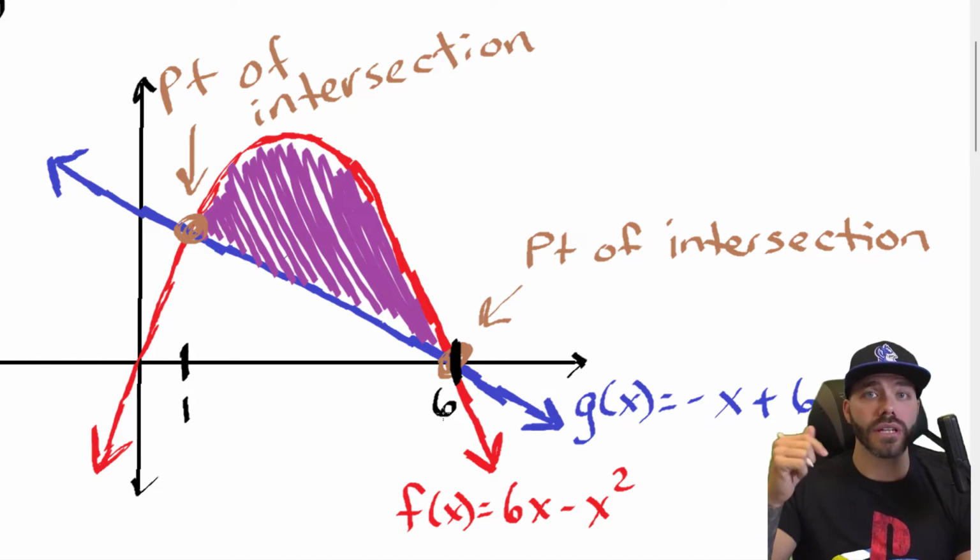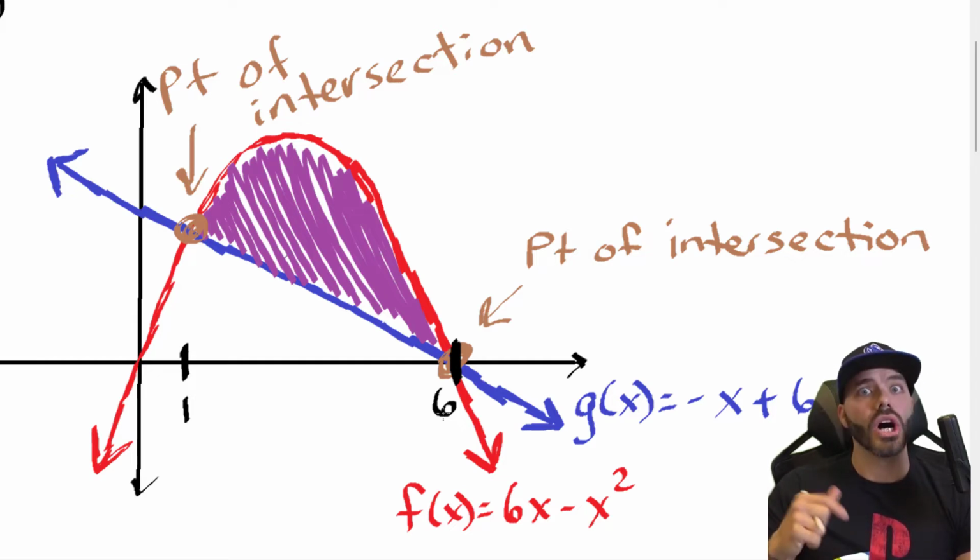I have a short video linked in the description below using the Fundamental Theorem of Calculus to find the area under a curve, and a longer video linked in the description below that explains the limit definition of a definite integral to find the area under a curve. Feel free to check those out, but let's go ahead and separate these two curves and find their areas individually.